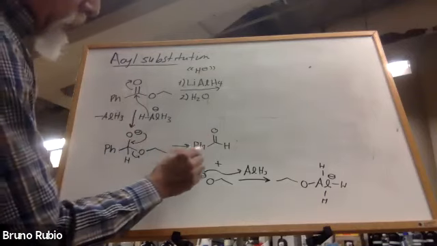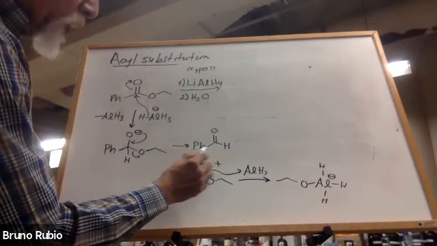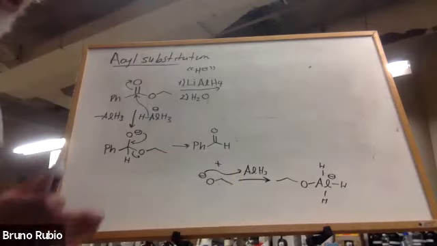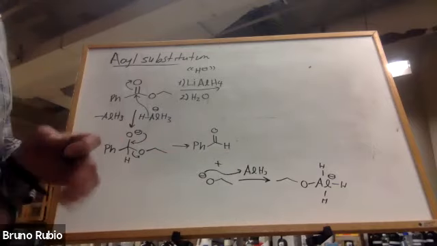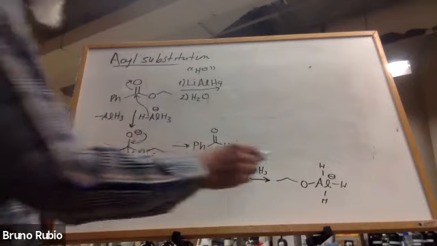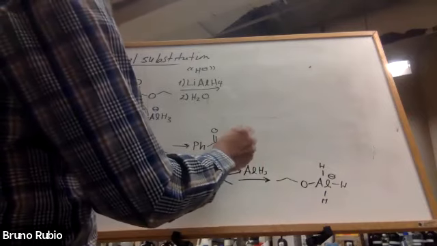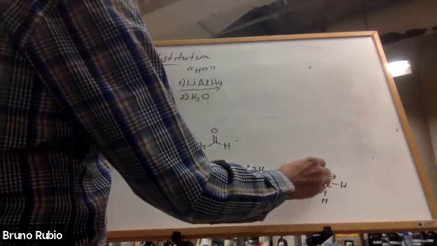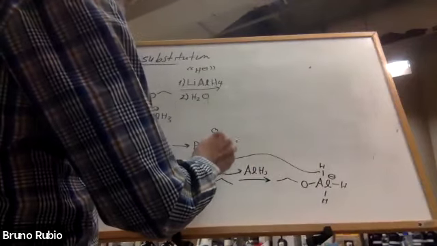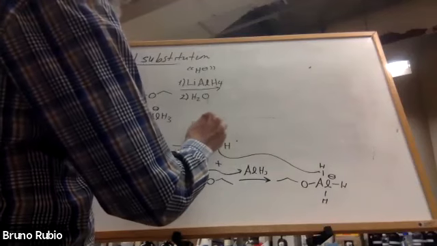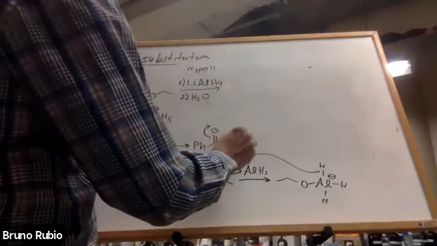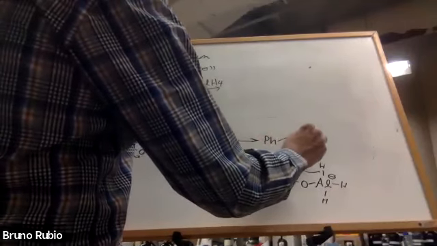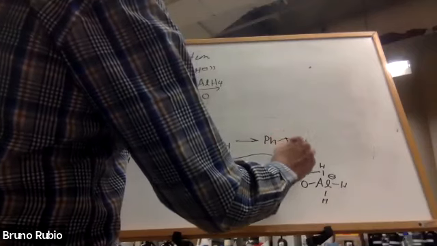Okay, back to this. The acyl substitution is over. The reaction isn't over. That's an aldehyde. And aldehydes also undergo these hydride transfer reactions. So this guy is going to come in here, transfer a hydride to the aldehyde carbon, and we end up with this.